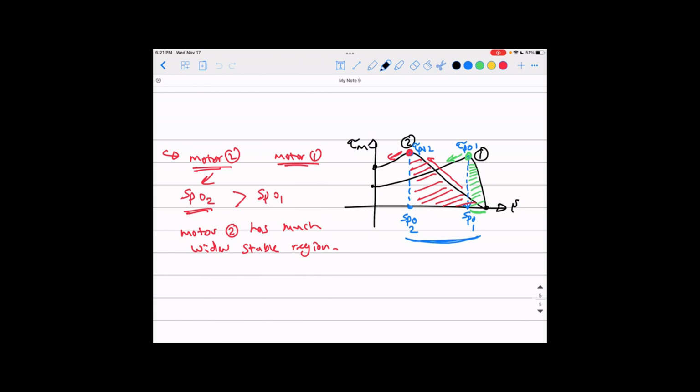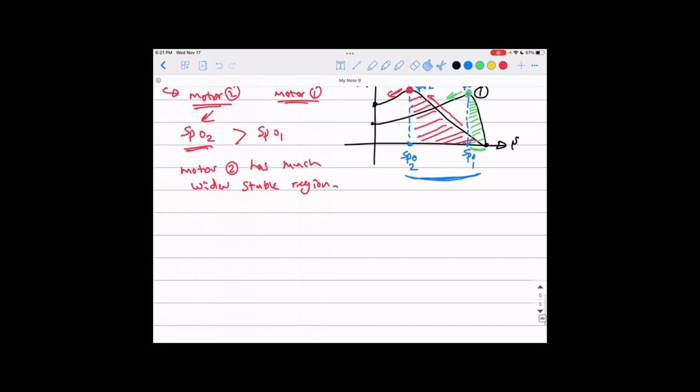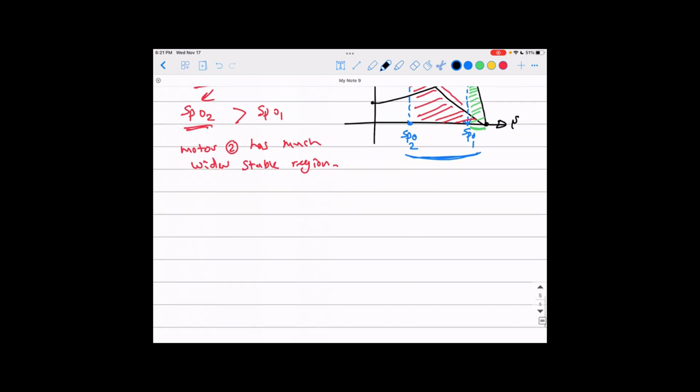Okay. So to learn about how we can use this, let us recall the equation for calculating the slip of the pull-out torque.